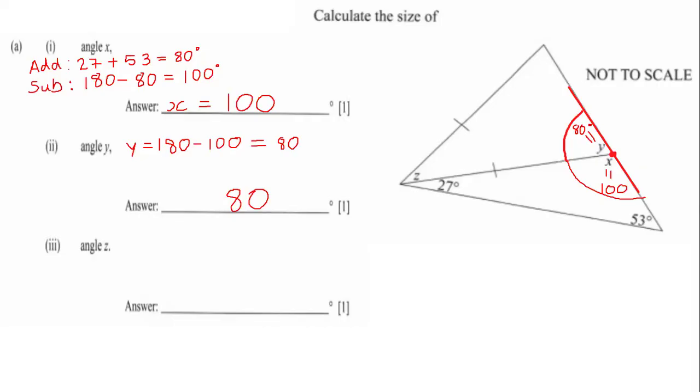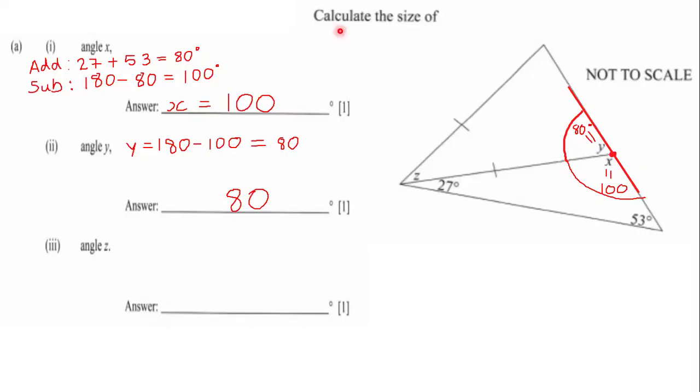You're close, but you did a step wrong. Go ahead, Israel. Very good try, though, Nikisha. Since that's an isosceles triangle, two angles would be equal, so the next angle would also be y, which is 80 degrees. Very good, Israel.